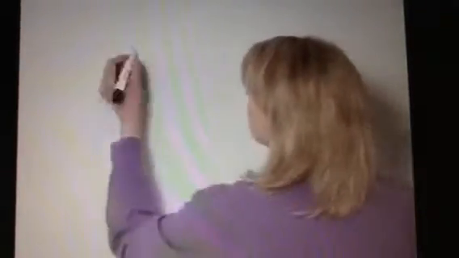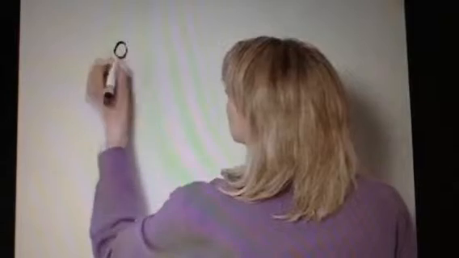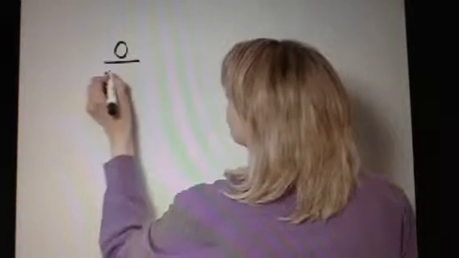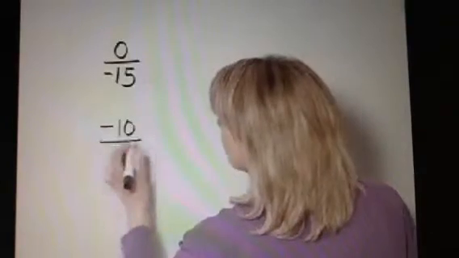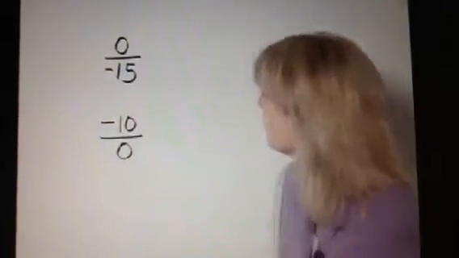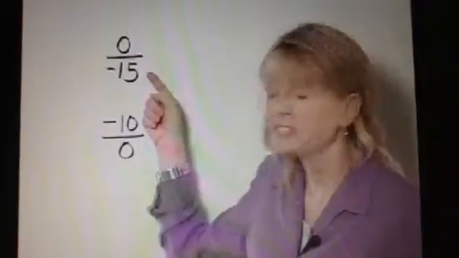And then let's look at those two special cases that have to do with 0. Let's start with, say, 0 divided by negative 15. And then we'll look at, say, negative 10 divided by 0. Let's start with this one first.